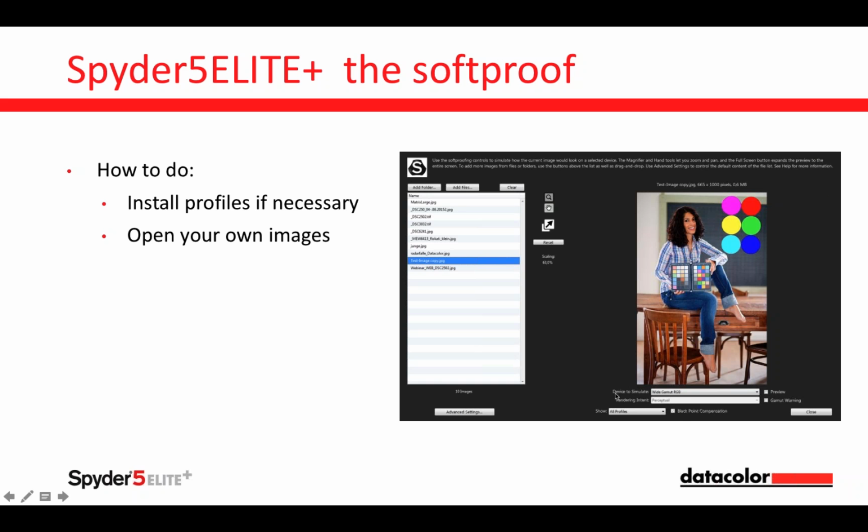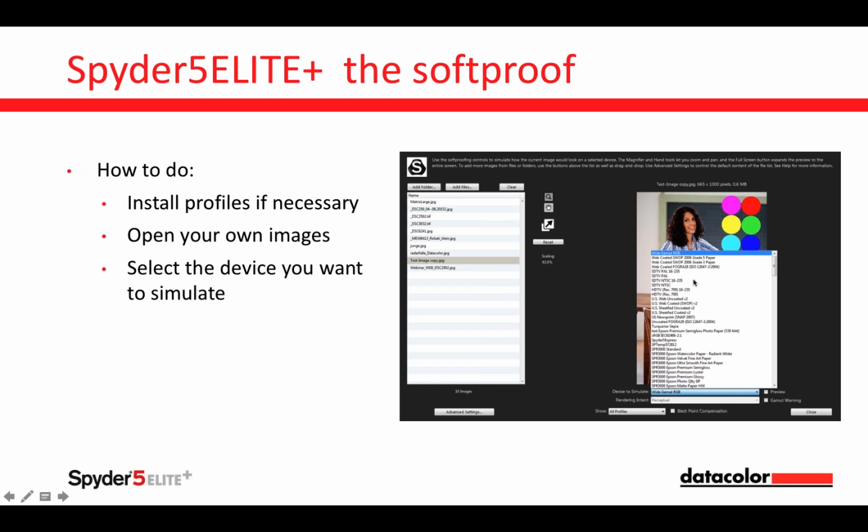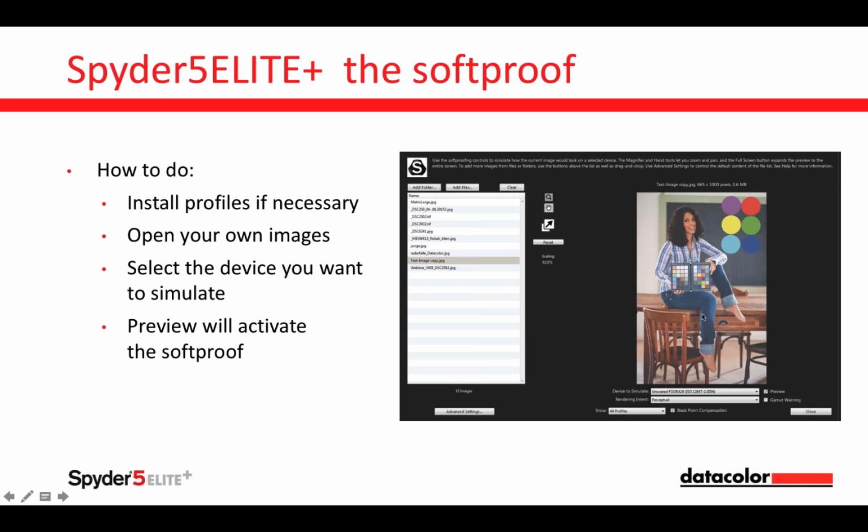So now we want to see how this will look on a specific printer. Here is Device to Simulate, and I click that, and then it opens this list here. I choose any of these profiles, and I want to see how the color will look in the end. The example was Uncoated FOGRA29, which is a European offset standard.